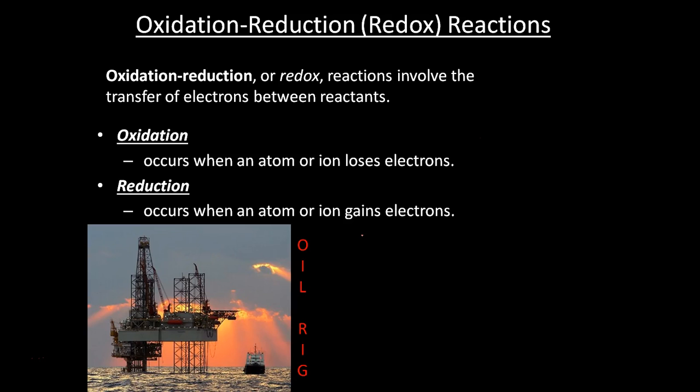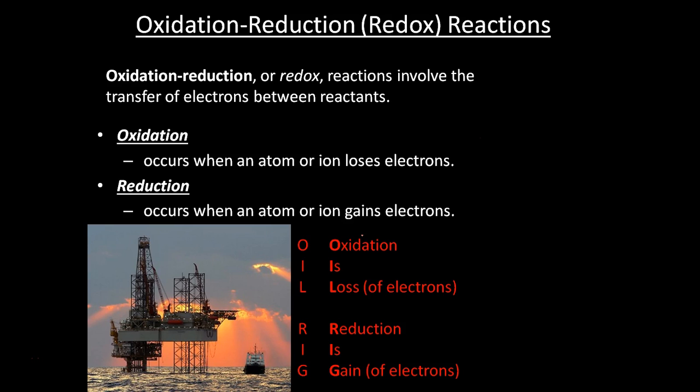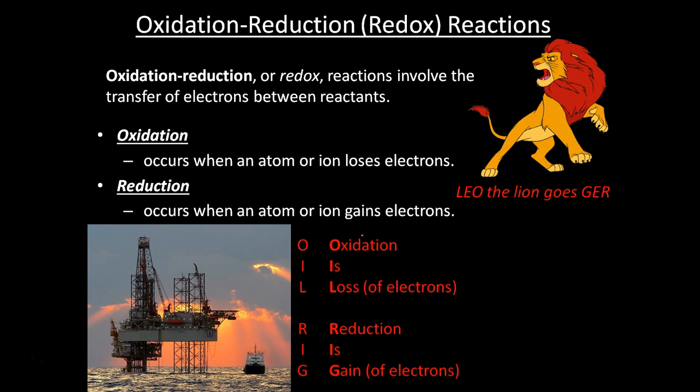There's a couple of mnemonic devices that you can use to remember which one oxidation is and which one reduction is. Oil rig is one of those mnemonic devices. Oil rig is basically just oxidation is loss of electrons, reduction is gain of electrons. The other one is Leo the lion goes grr.